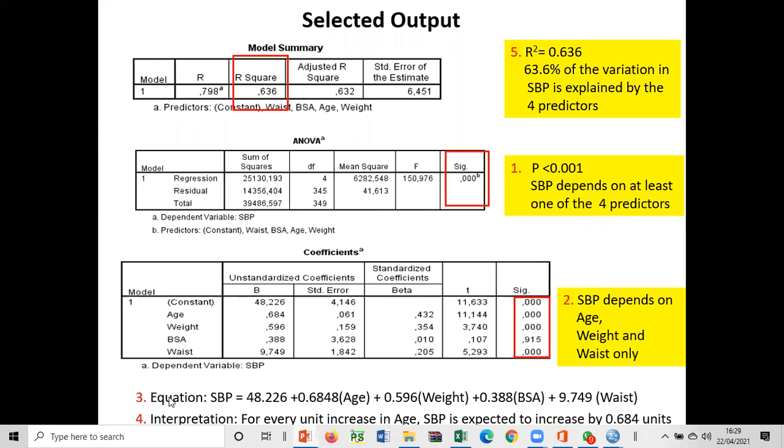You write the equation, same like before. You take this part and write the equation.